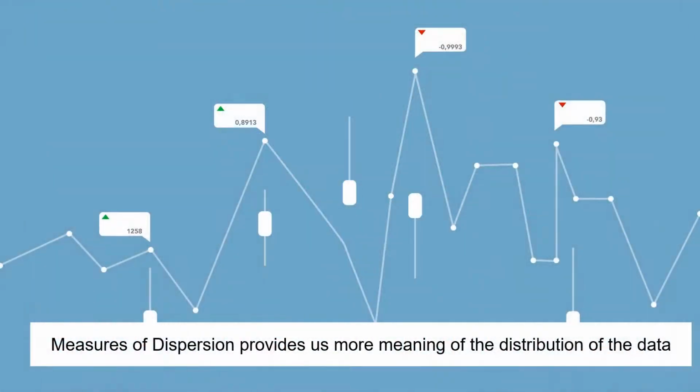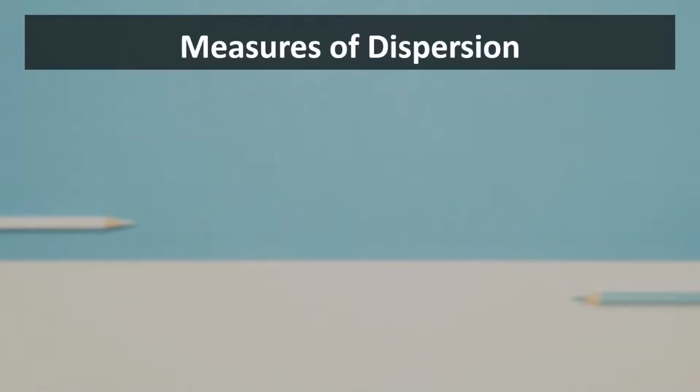Measures of dispersion provide us more meaning of the distribution of the data. I have already said that if you calculate only measures of central tendency, you can put minimum meaning to data, but if you calculate dispersion, then you can put more meaning to data.